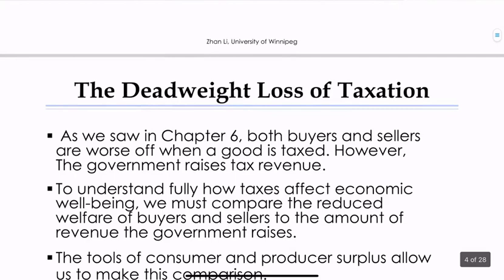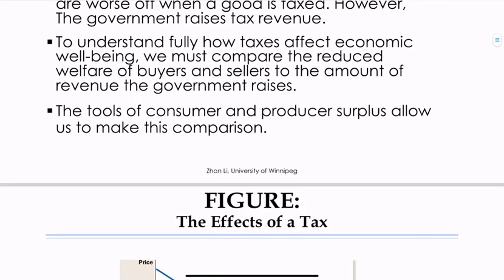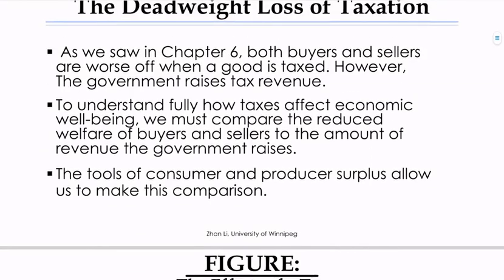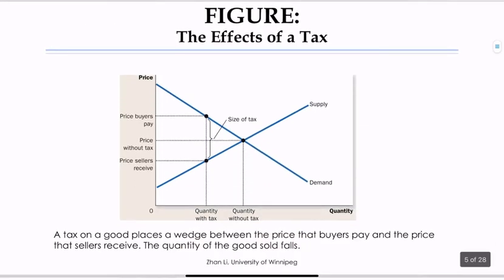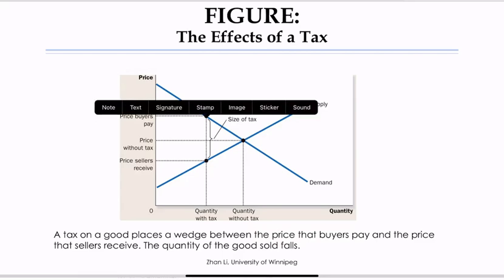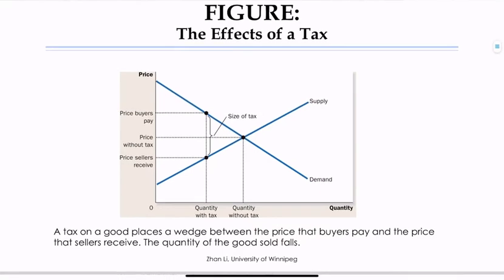Okay, great. So if you think about the taxation case we just talked about, in chapter 6, we learned that if there is a tax, then the tax will put a wedge.